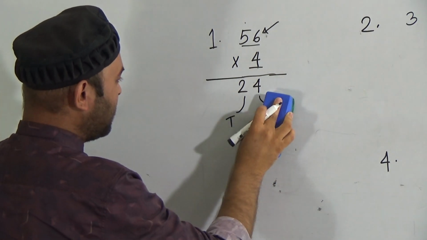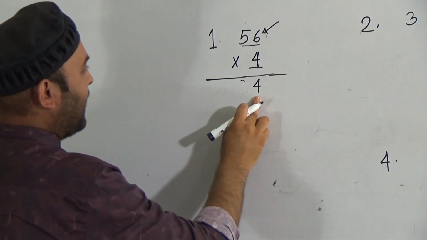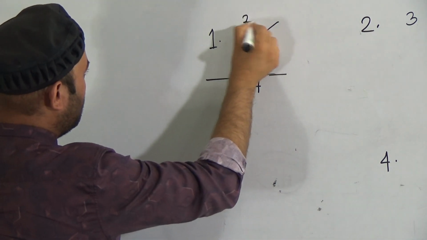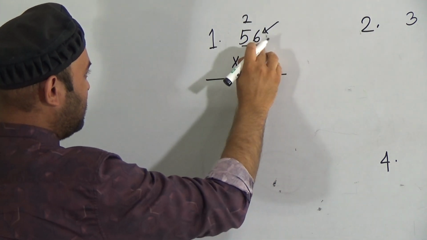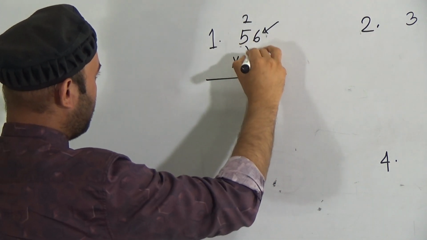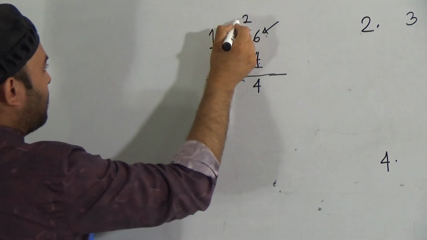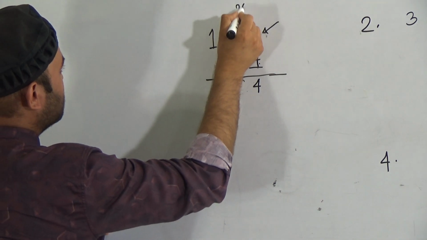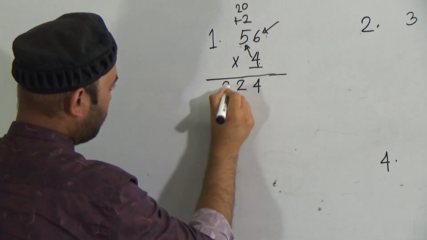You have to bring down the ones place value 4 and 2 will go to the tens place. Then multiply 4 and 5. 4 fives are 20, plus 2. 20 plus 2 will be 22.